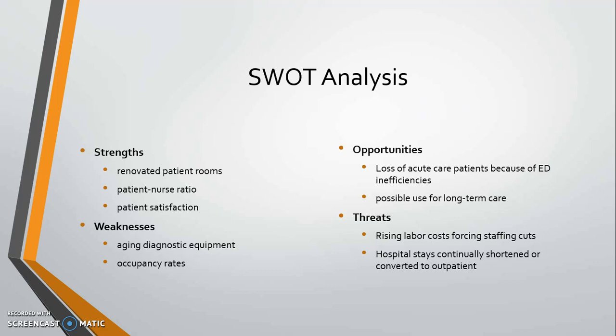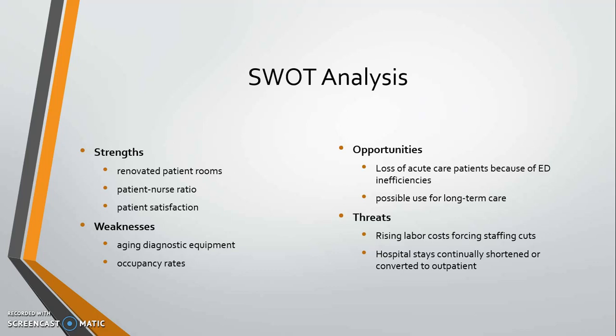SWOT analysis. Remember that SWOT stands for strengths, weaknesses, opportunities, and threats. And below is a part of their analysis for their acute care supply chain. Strengths were newly renovated patient rooms, low patient-nurse ratio, and high patient satisfaction scores.